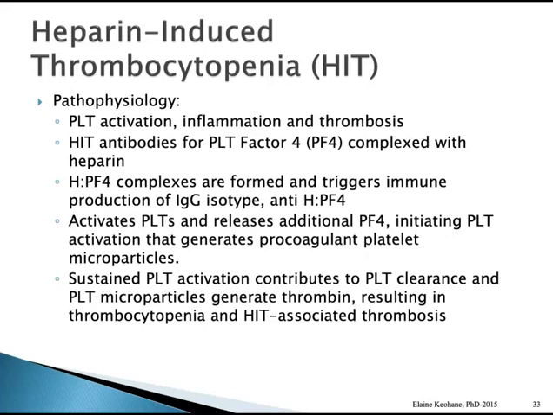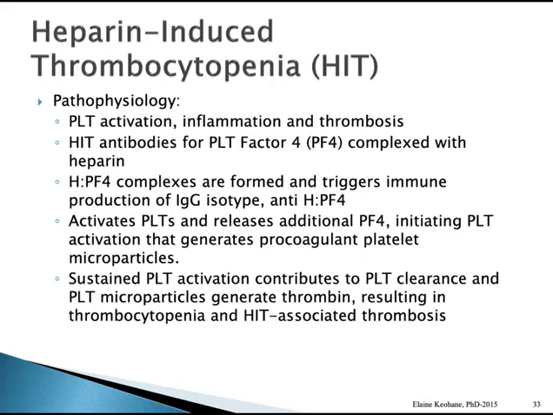So there is the creation of HIT antibodies against platelet factor 4 that have been complexed with heparin. These heparin platelet factor 4 complexes are formed and it triggers an immune response producing an IgG isotype of anti-heparin platelet factor 4 antibodies.